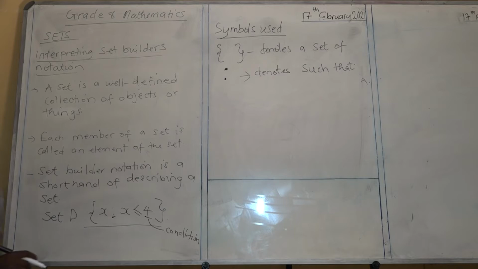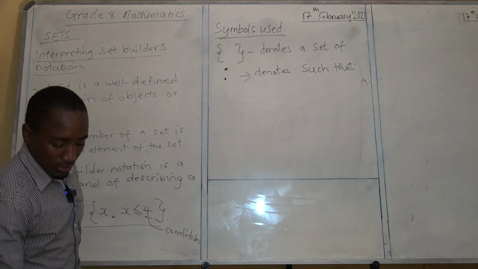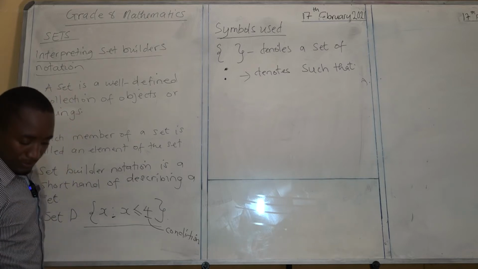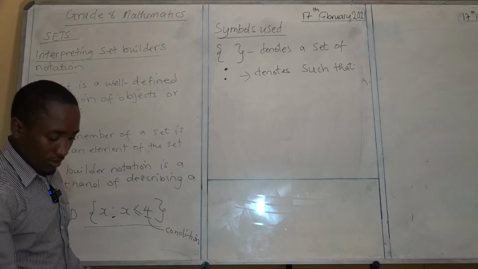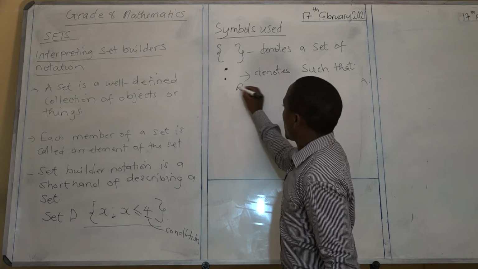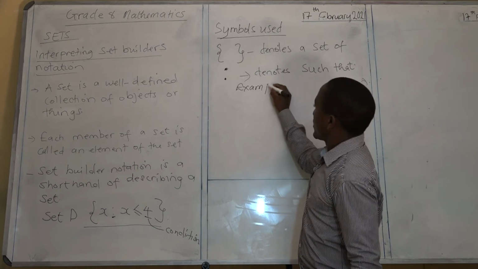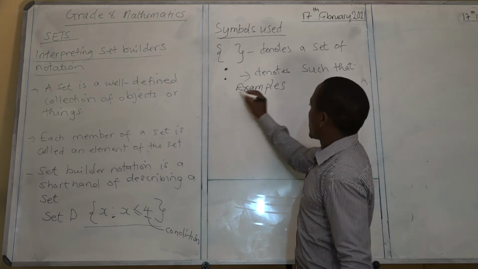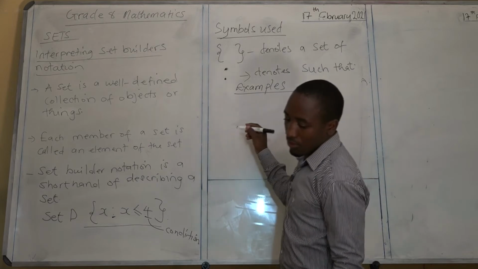Let's try to interpret the following. Let's look at an example in interpreting set builder notation.